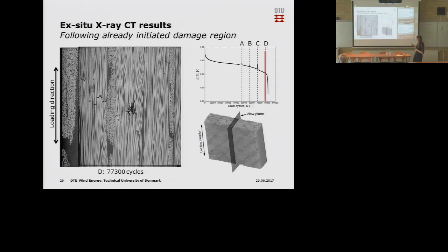And here, very close to final failure, there is a lot of damage, and it looks like this damage is actually connecting to one another. And the specimen failed very shortly after this last image. So this gives a lot of information on how the damage progresses. But this is a 2D view. It would give more information if you could actually watch how it looks in 3D.